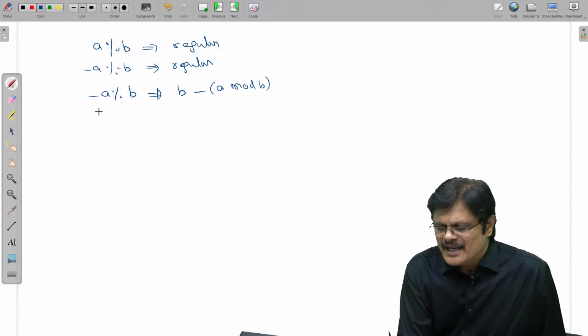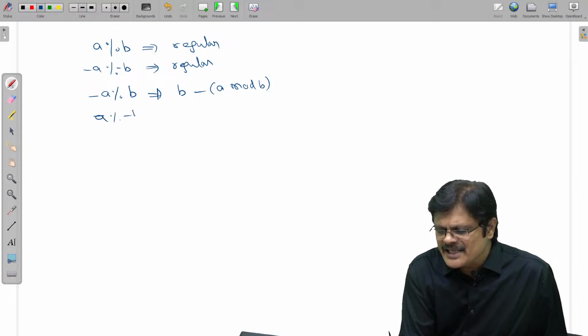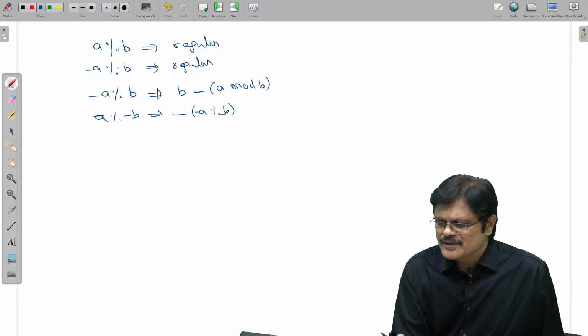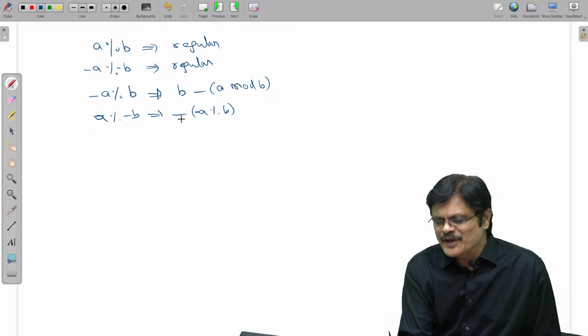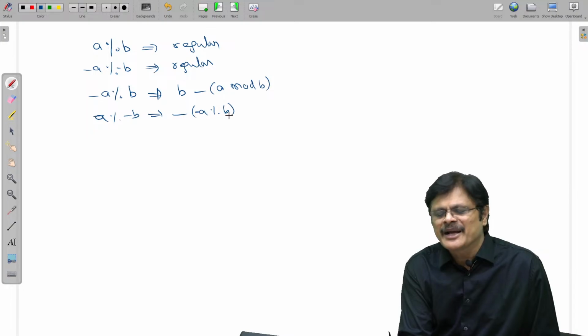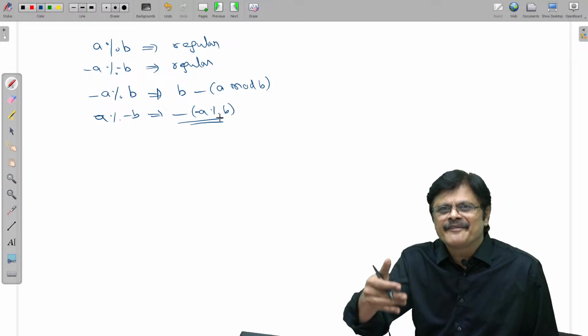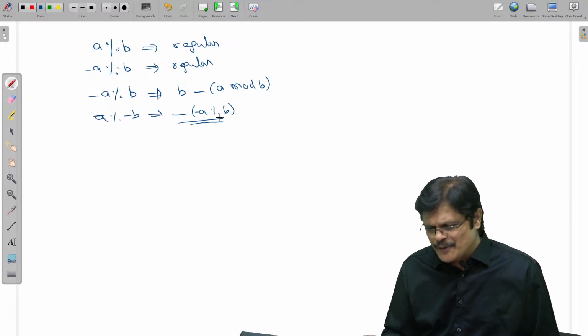And what about A percent minus B? It is minus of (minus A percent B). This is exactly how it works, because when you multiply by minus, it is plus A and minus B. So you can just fix this idea and solve the problems, whatever you get.